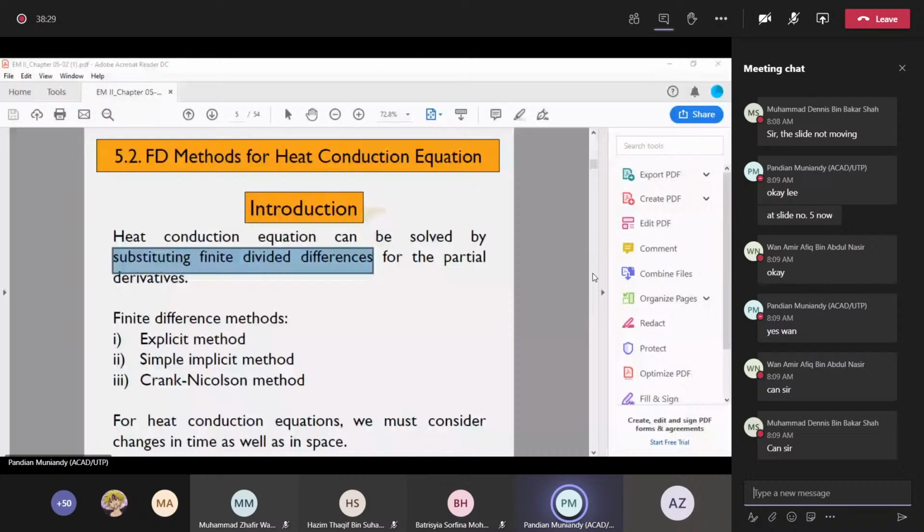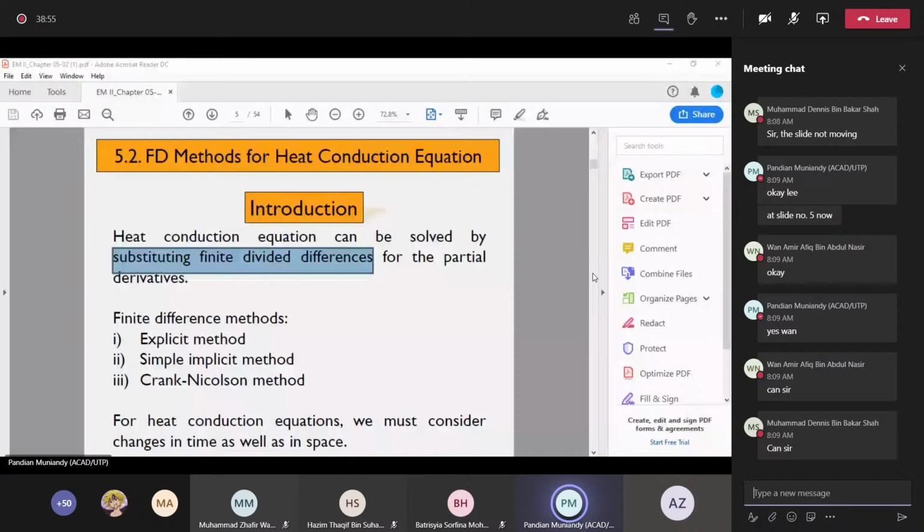So del squared T over del x squared on the left-hand side is the PDE, partial differential equation. The right-hand side is the one you are going to use for the calculation later. At the moment, we just quote it.